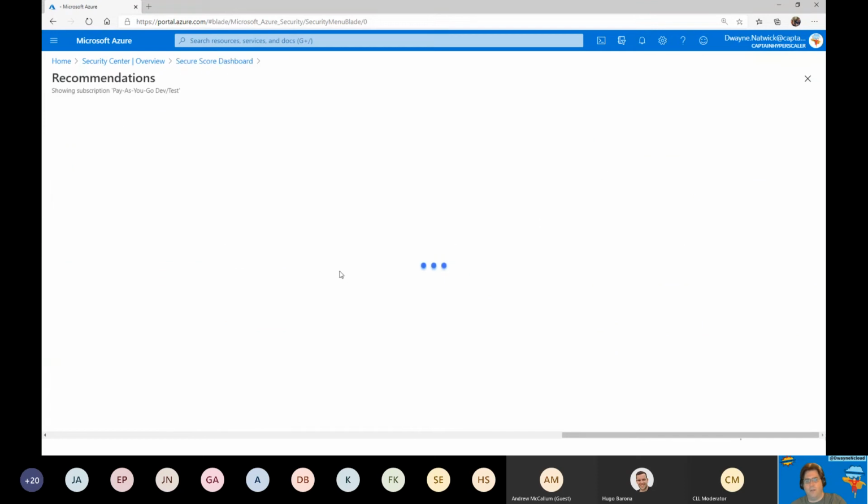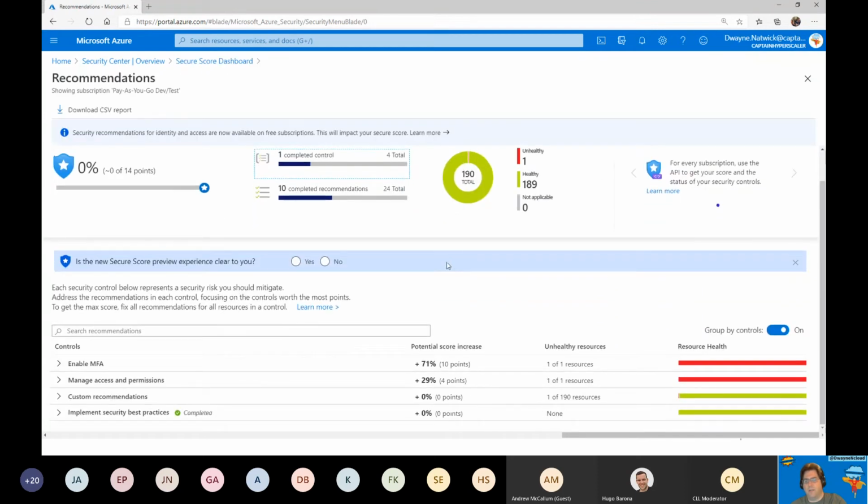I can review my recommendations to increase my secure score, and it says what is going to get me to a comfortable and healthy level within my environment.